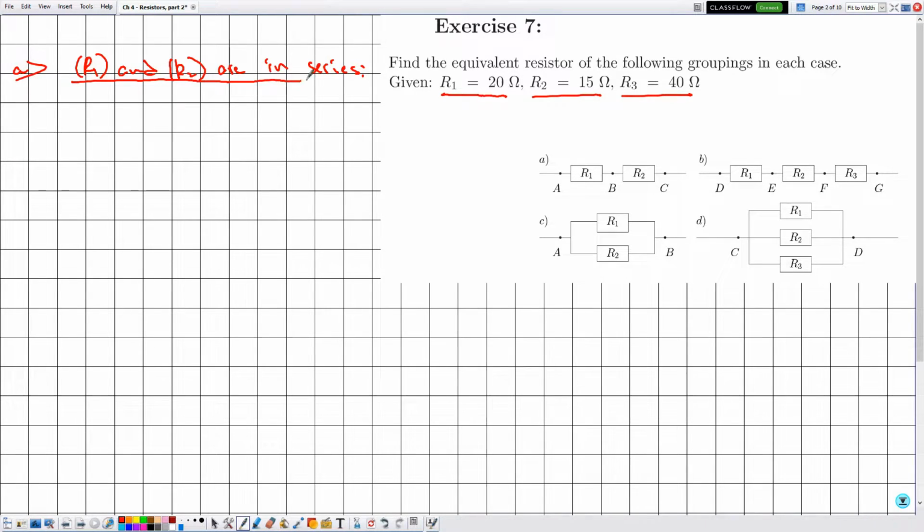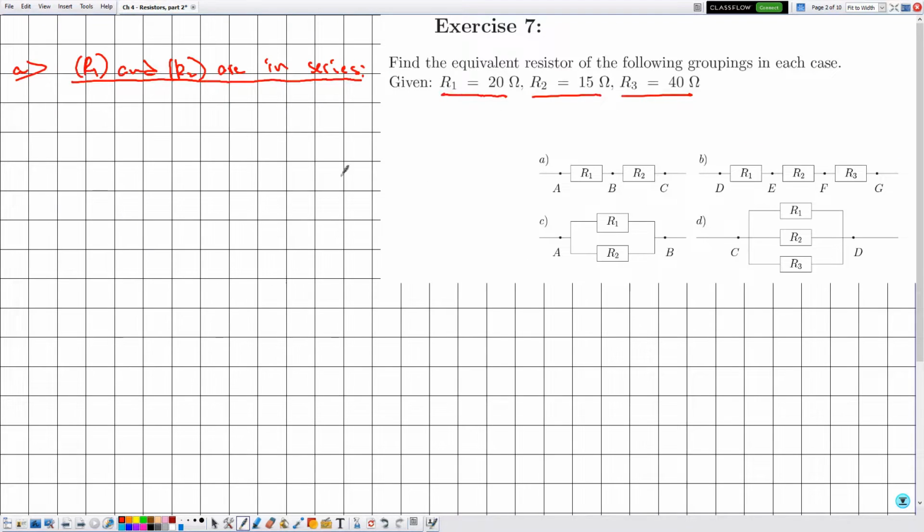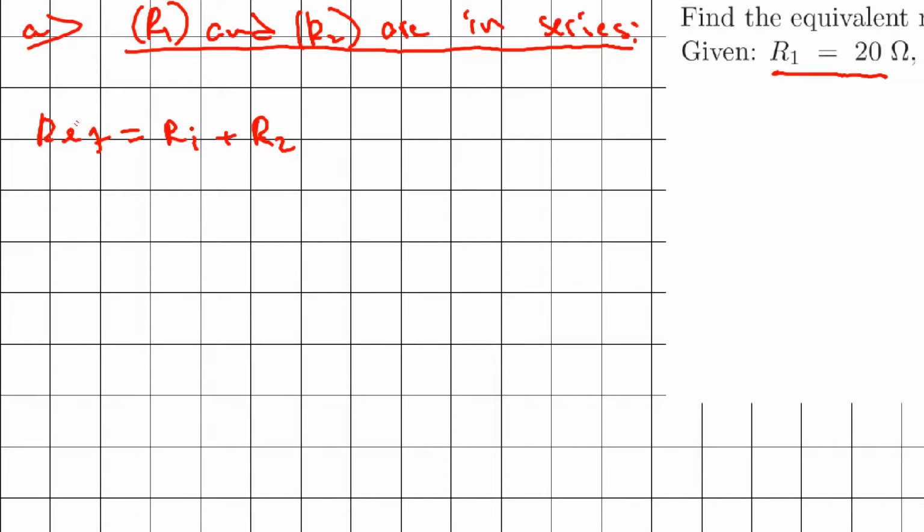and this statement is very important, so they usually give it half a mark. So in this case, now after we have identified the type of grouping, we know that whenever 2 resistors are in series, their equivalent resistance is given by the sum. So we always in physics we start by writing the formula, which is R equivalent is equal to R1 plus R2.